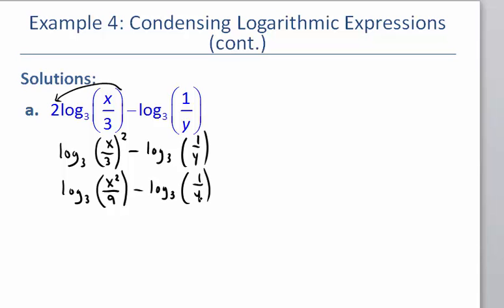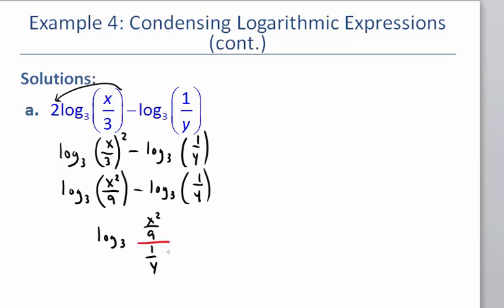Okay, so now let's take our 2 terms and let's put them together as a fraction. So it's going to look messy at first. We're going to have log base 3, and the top part of the fraction is going to be x squared over 9. And then we have a fraction bar, and then the bottom part of the fraction is going to be 1 over y. Now remember how we do this in terms of simplifying.